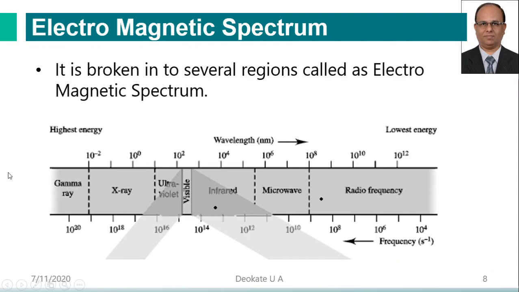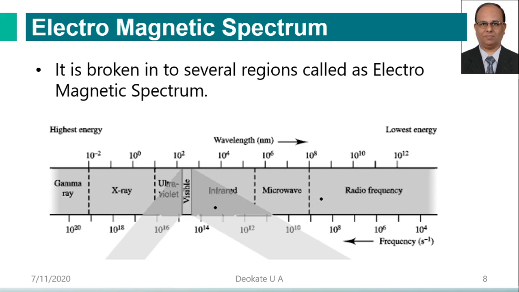So on the other side, at the higher energy level, frequency is also high and the energy content of radiation is also high. This is a very important statement because this will relate to the interaction of electromagnetic radiations with matter, that is, how much electromagnetic energy the radiation possesses.